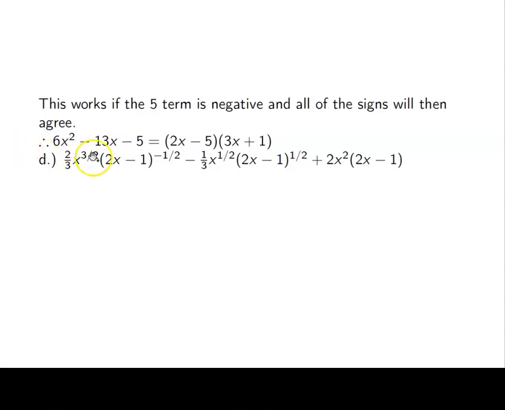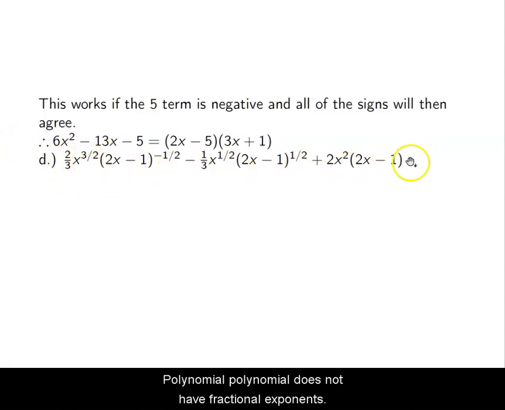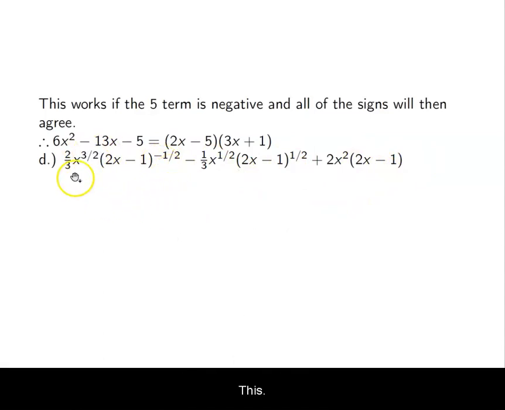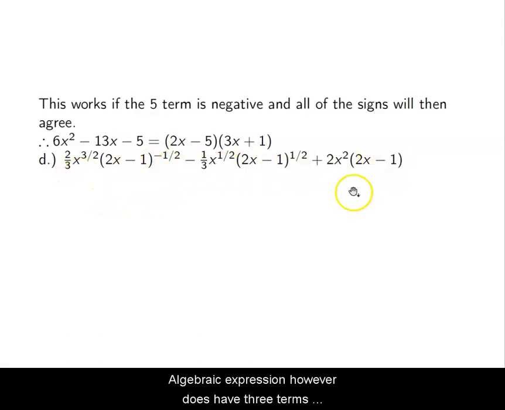Okay, so we're stepping up a little bit. Notice that this is not a polynomial. A polynomial does not have fractional exponents. This algebraic expression, however, does have three terms. Remember I said terms are always separated by a plus or a minus sign. It's a set of multiplications and then an addition or subtraction, and then a set of multiplications and then addition or subtraction.